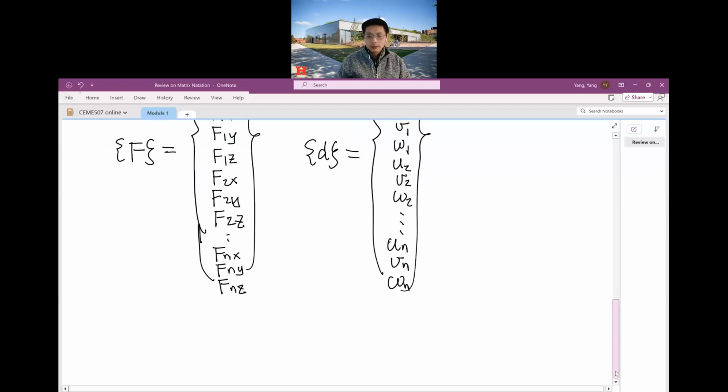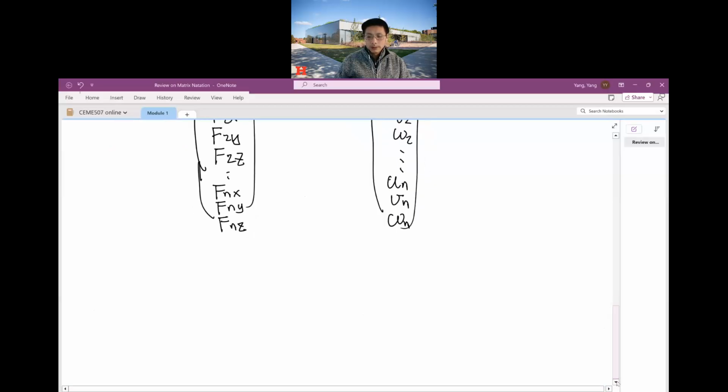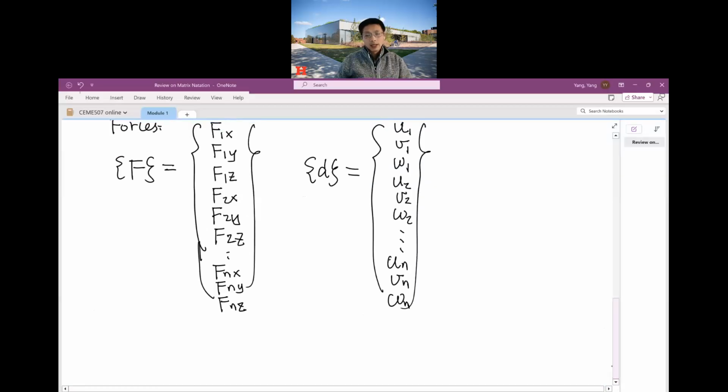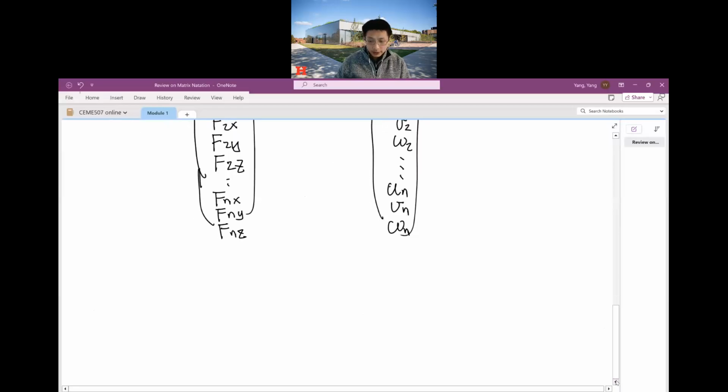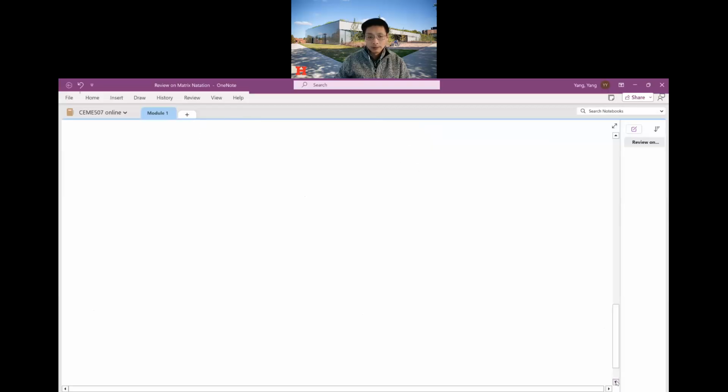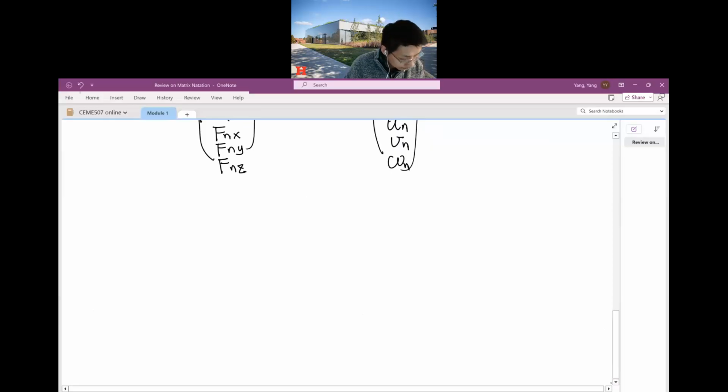So typically there is a relationship between the force matrix and the displacement matrix here. So we have the stiffness matrix.